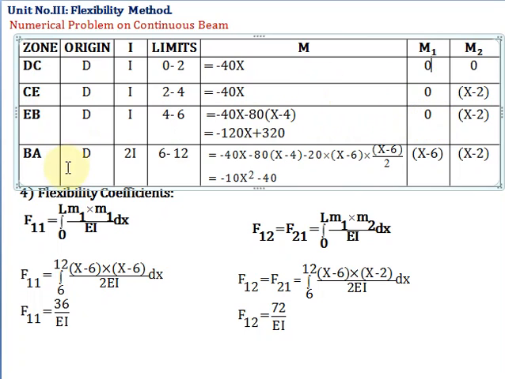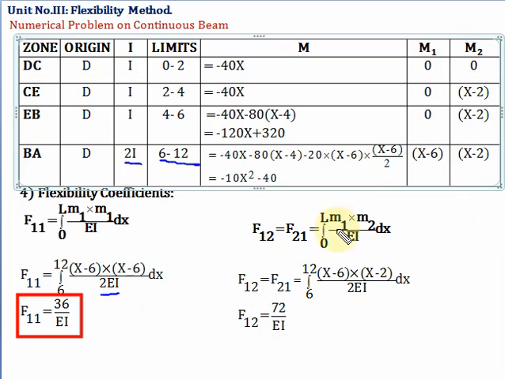Okay, so for zone BA the value of M1 is x minus 6, so x minus 6 into x minus 6, and the value of EI here is 2. Okay, so put the value of EI as 2, and limits are 6 to 12. Okay, after solving this integration on the calculator, we will get the value of F11 equal to 36 upon EI.